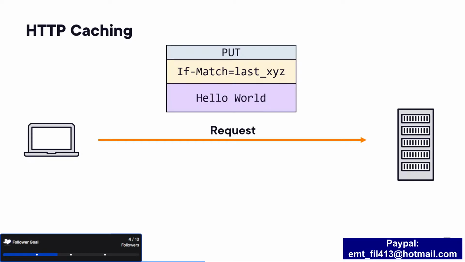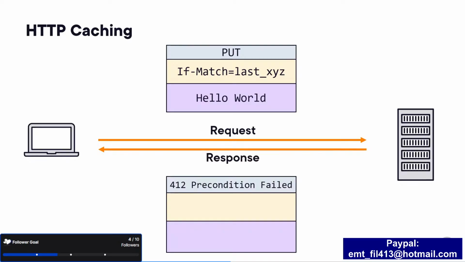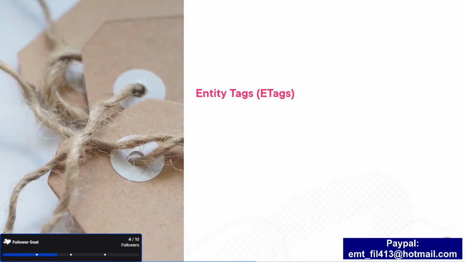You made some modification to that object, and when you try to put it, you're just telling the server, please make these changes if I'm dealing with the latest version. And so in that response, if the if match fails, you get a 412 precondition failed, because that if match is a precondition of the execution of that put method. The way most people handle this is with something called entity tags or E tags.